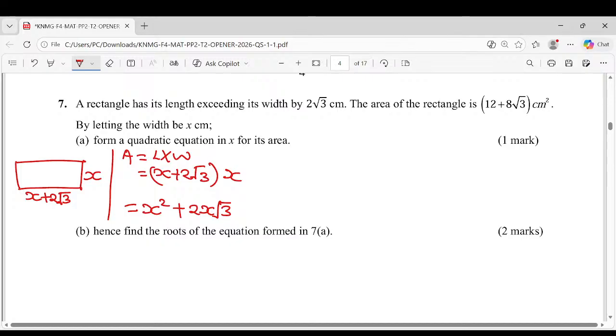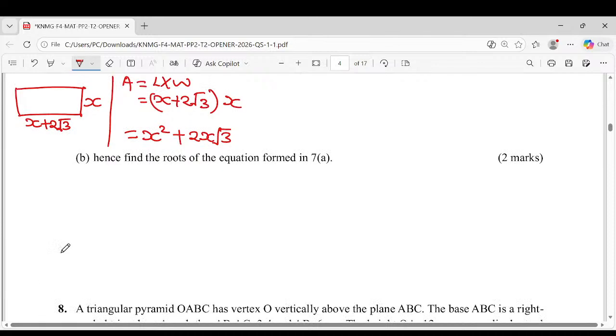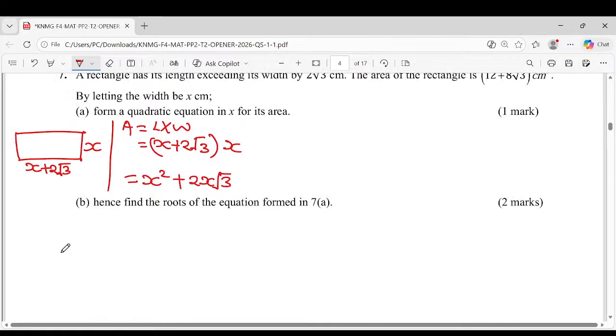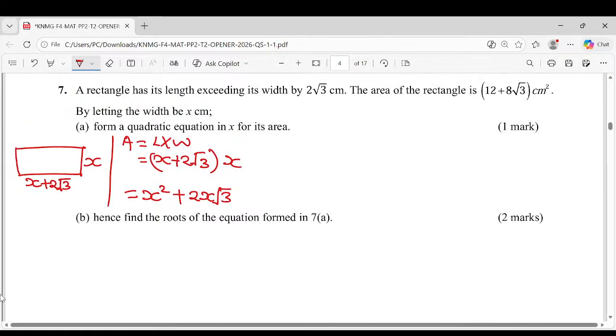Part B, hence find the roots of the equation formed in 7a. If this is the expression for the area, ladies and gentlemen, it simply means that this x squared plus 2x root 3 is equivalent to 12 plus 8 root 3, which is our area.